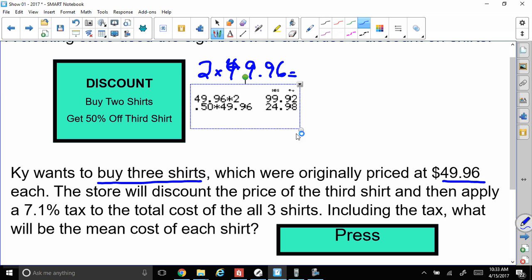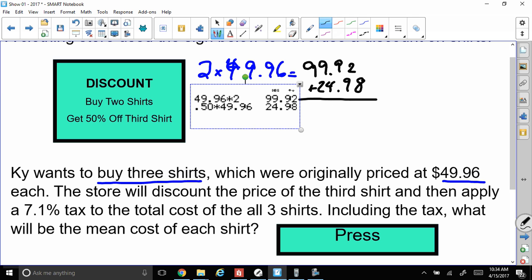So now we got the prices of the shirts. The price of the 2 shirts was $99.92. Plus he's got to pay $24.98.